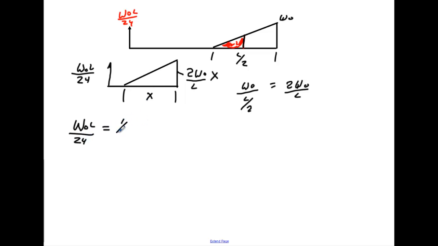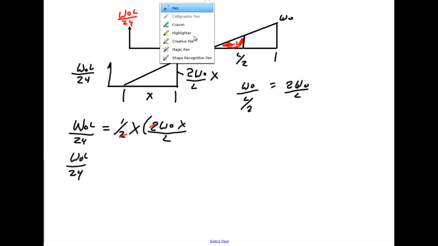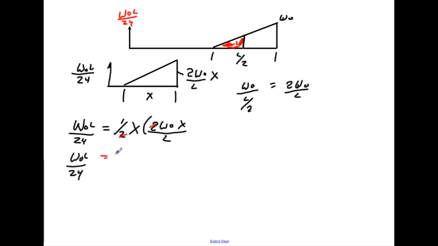The area of this would be 1/2 times the base, which is X, times 2 WO X over L. When we do that, WOL over 24 is equal to this. The 2's here will cancel out.